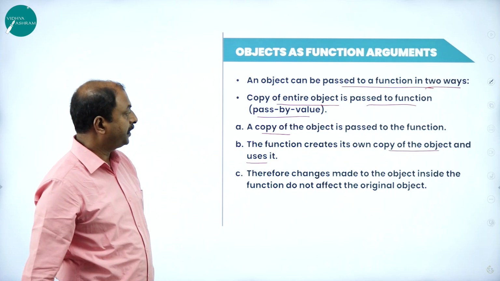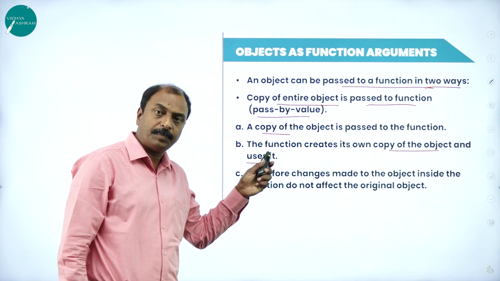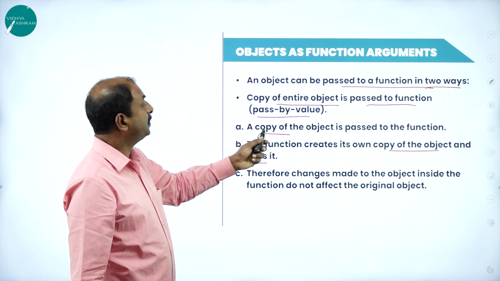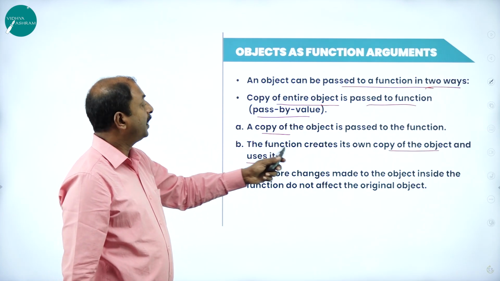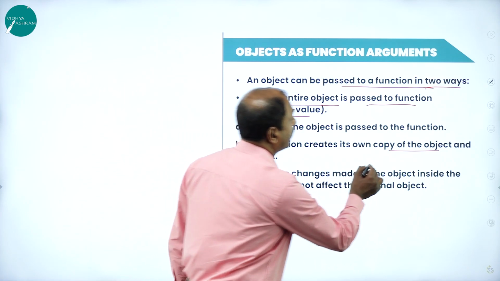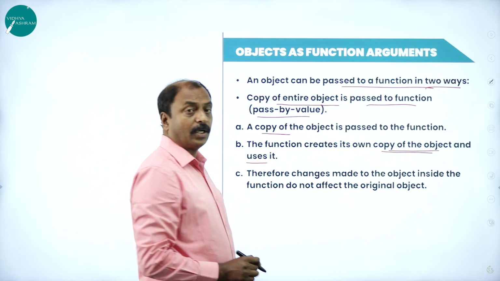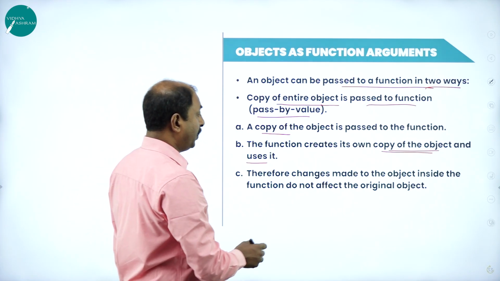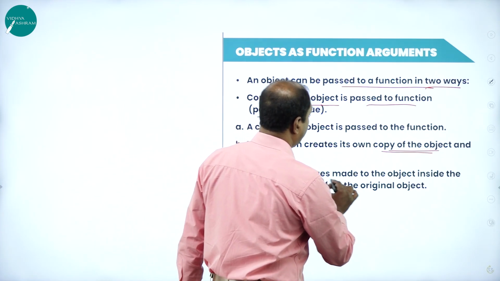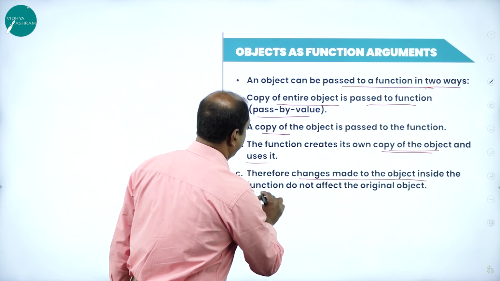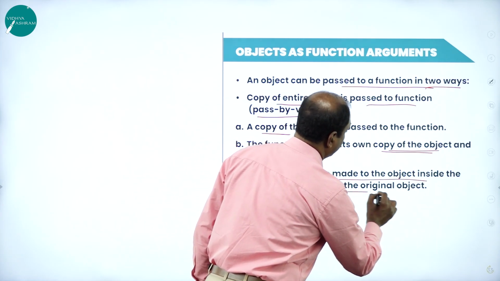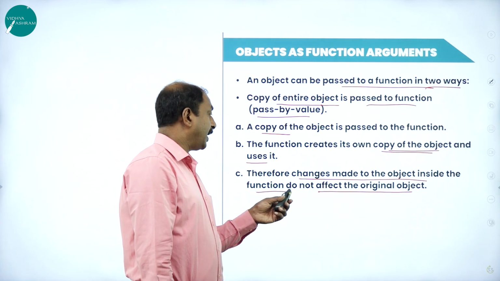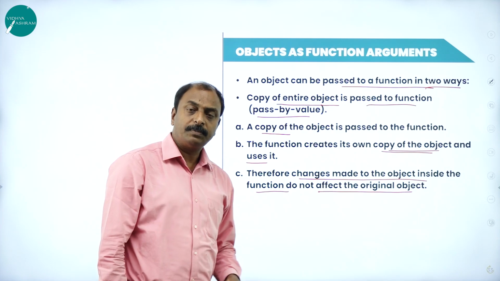Please concentrate here, or please try to understand the concept here. In the pass by value method, we are passing the copy of the object. So the function works with the copy of the object and not the original values. That has to be noted here. Therefore, the changes made to the object inside the function do not affect the original object. This is one of the characteristics of pass by value.